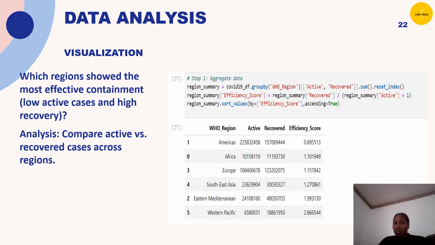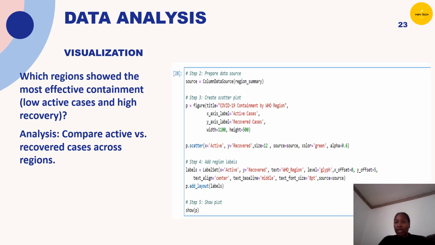Which region showed the most effective containment, with low active cases and high recovery cases? For this analysis, we group the data by WHO region, and then we take the active and recovered records from the data, and we divide the recovered by the number of active within the same region, plus 1, of course, to prevent division by zero.